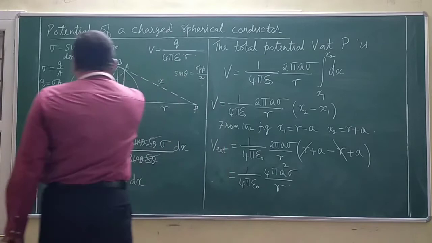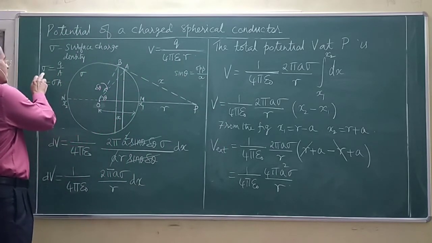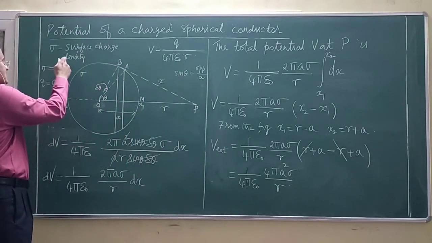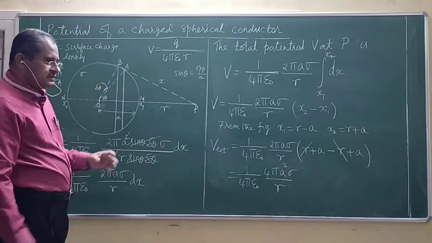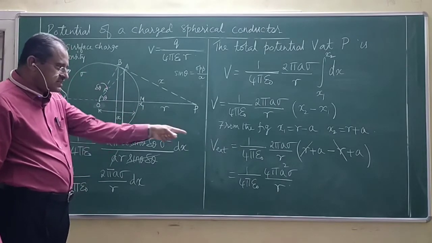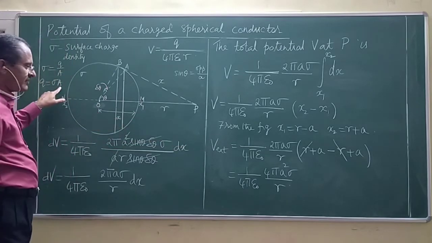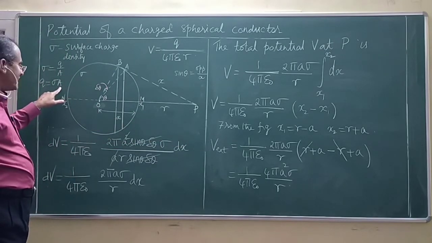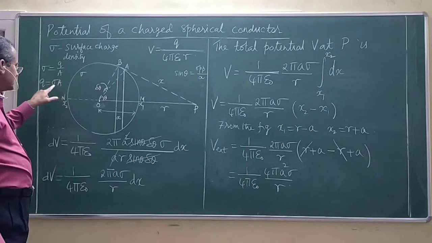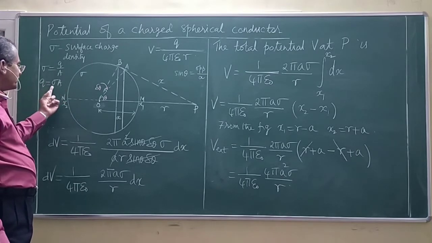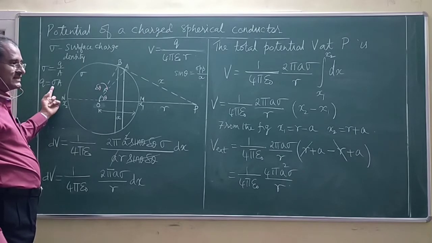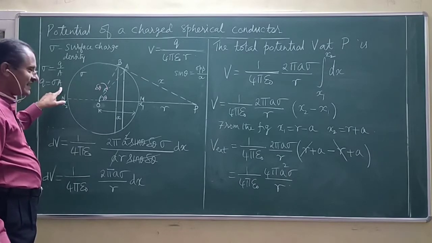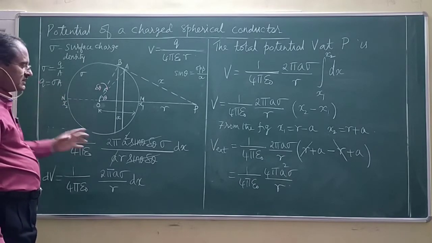Now, sir, already I told you, surface charge density is charge upon area. Because it is a sphere, surface area of the sphere is 4 pi a squared. So, in the place of A, I can substitute 4 pi a squared. Sigma is there. Therefore, product of surface charge density into area gives me charge.